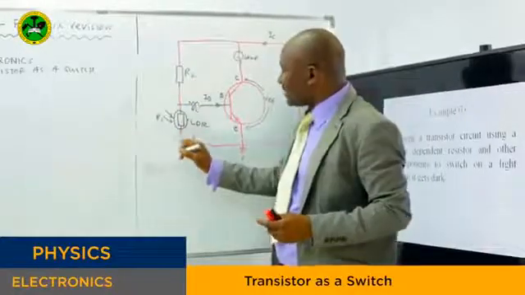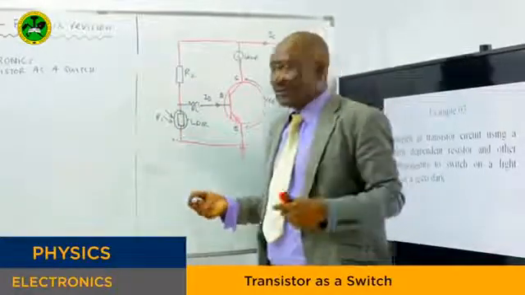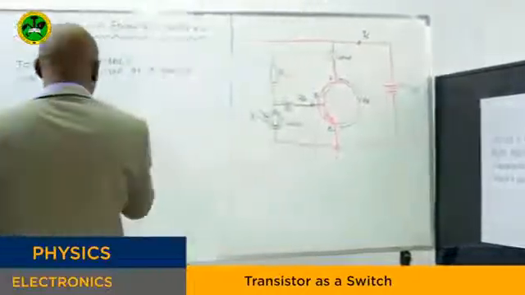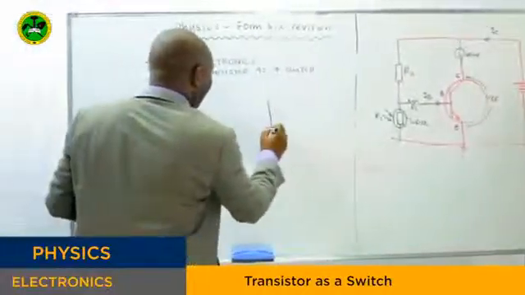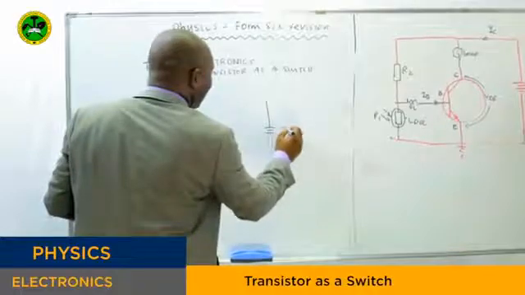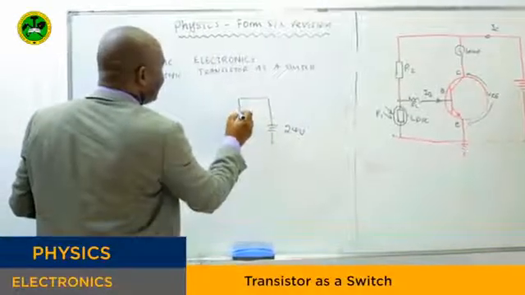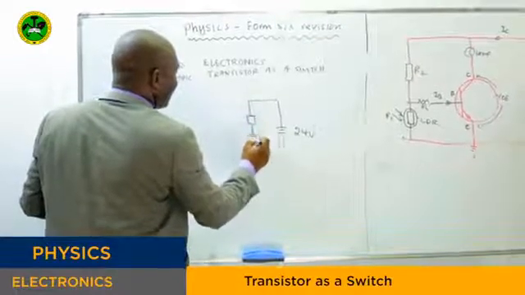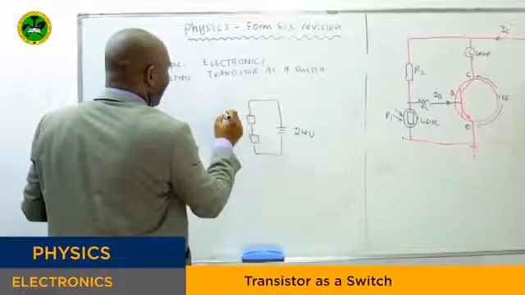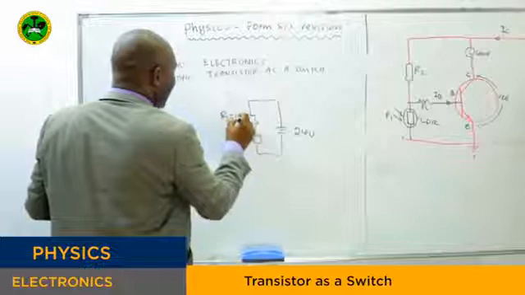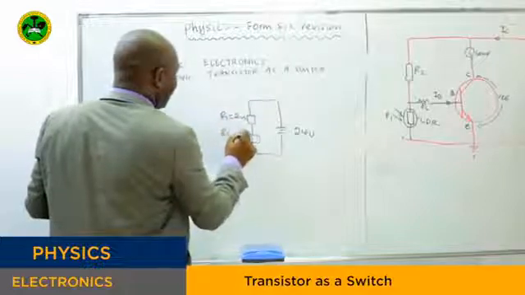And which one will have the greater share of the voltage? For example, let's consider a circuit of this type. If you remember, this is 24 volts, and this is R1, simple, and R1 here is 2, and R2 here is 10 ohms.